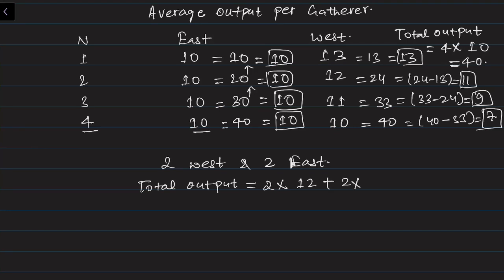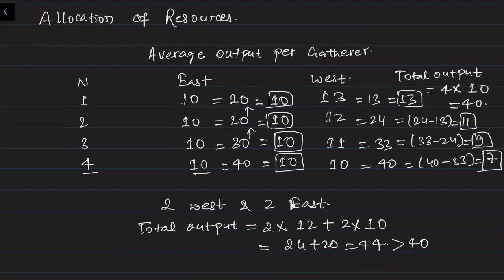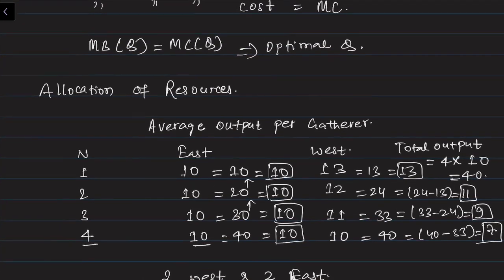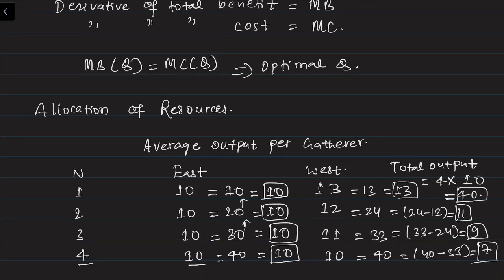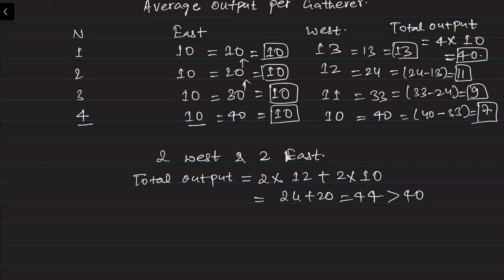That gives us 24 plus 20, which is 44, which is definitely higher than the 40 that we obtained previously. So this is the optimal allocation of resources.